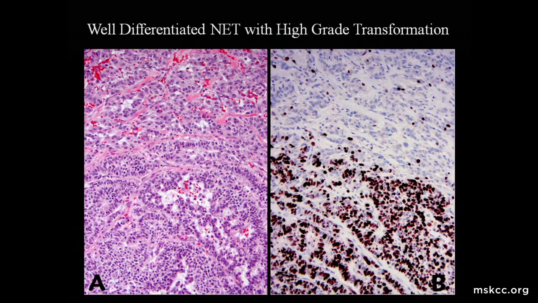This is an example of a very different proliferative rate within the same tumor. So we try to explain this in our case. Perhaps it is indeed a tumor with high-grade transformation, although in our study, the majority of the cases were pancreatic primary. So it's uncommon for the GI tract or biliary system.